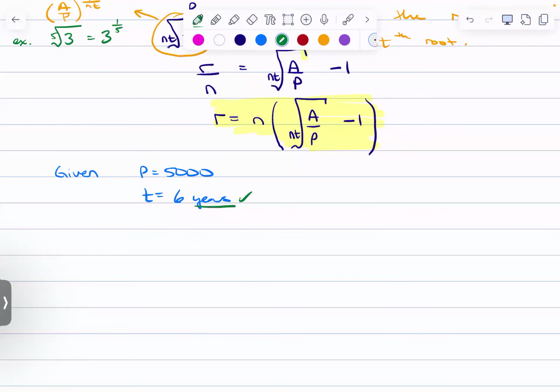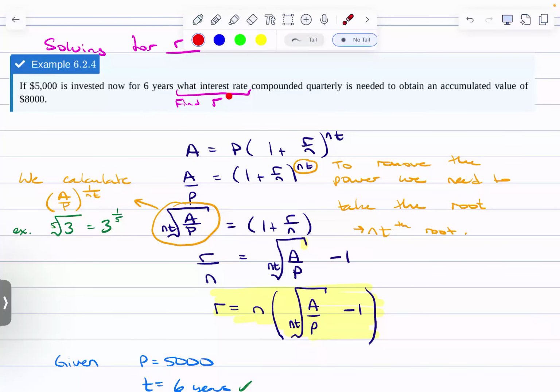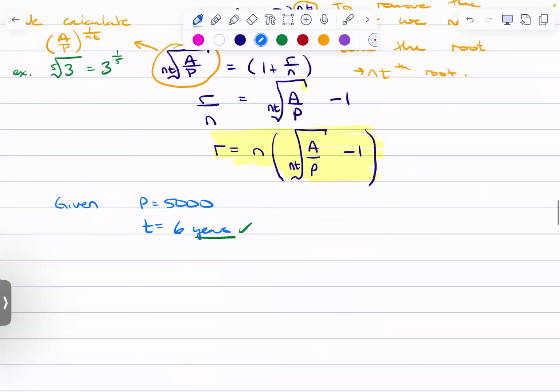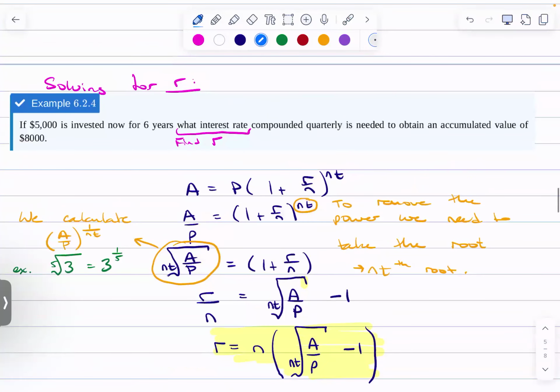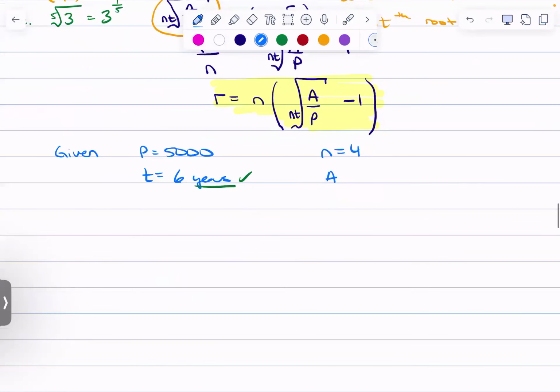Right, make sure, okay, it's in years, that's good. We want to find what interest rate, so find our compounded quarterly. Now quarterly means n is 4 times per year. And we want to obtain an accumulated value of $8,000. So we want A to be $8,000.